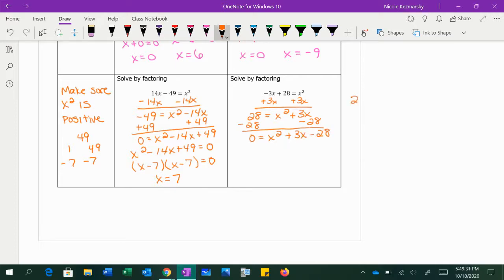I'll do factor pairs on 28. So 1 and 28, 2 and 14, 4 and 7. To get to 3, I need to do plus 7 minus 4. So we're going to say 0 equals x minus 4 and x plus 7. And if we do opposites, x is equal to 4 and x is equal to negative 7.